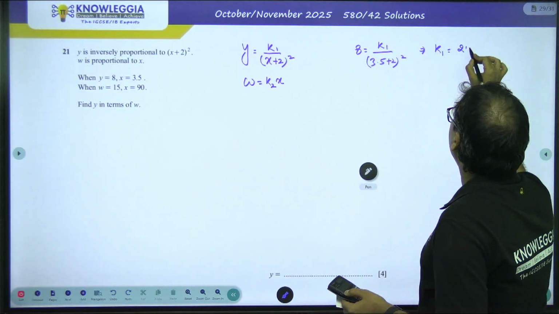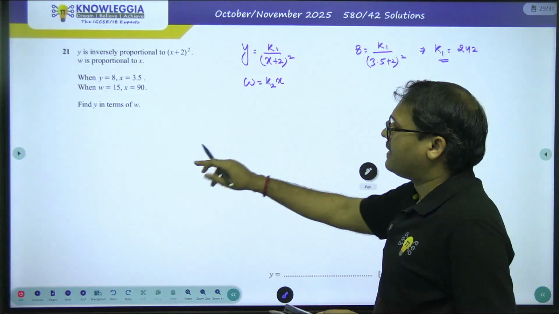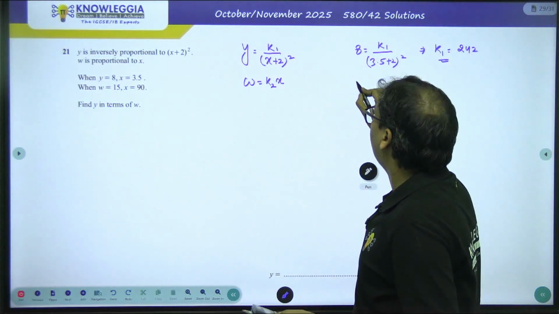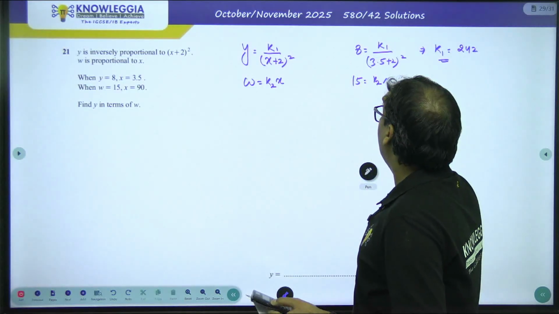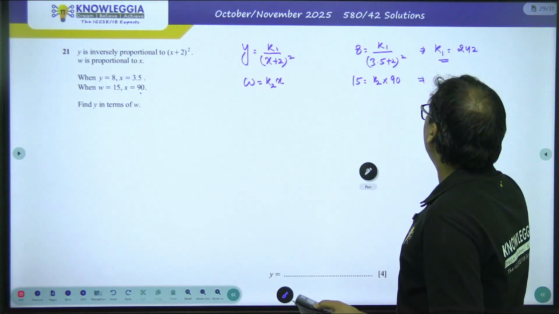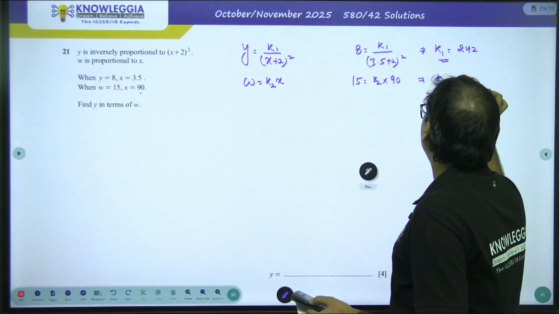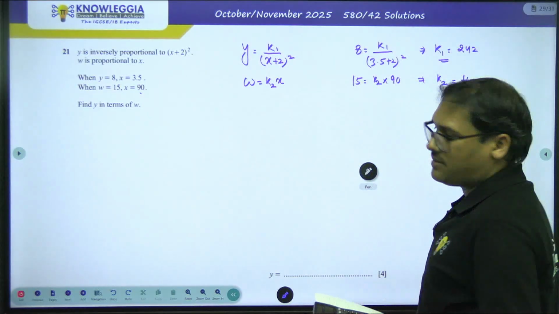So k1 is 242. And second, when w is 15, this is k2, and x is 90. So what is k2? 15 by 90, right? So this is 1 by 6.